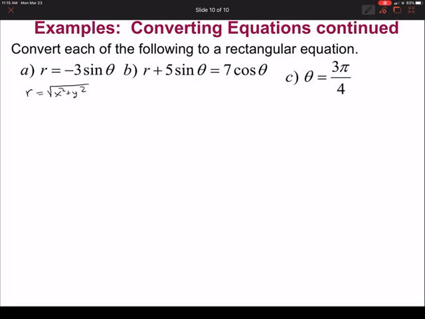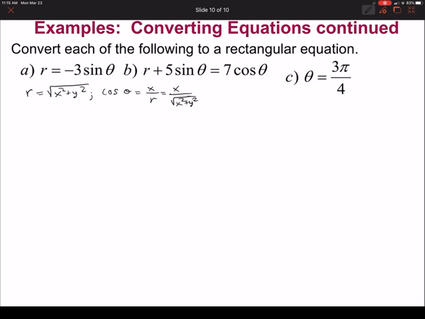And we looked at our conversions earlier. We're given some points. So we know r is always equal to the square root of x squared plus y squared. And let's go ahead and talk about cosine and sine, right, in terms of x and y. So cosine theta, by definition, is x coordinate over radius. So that equals what? X coordinate over the square root of x squared plus y squared.